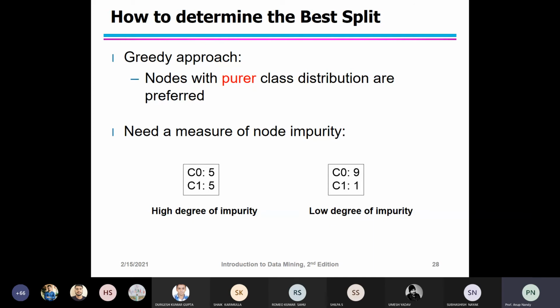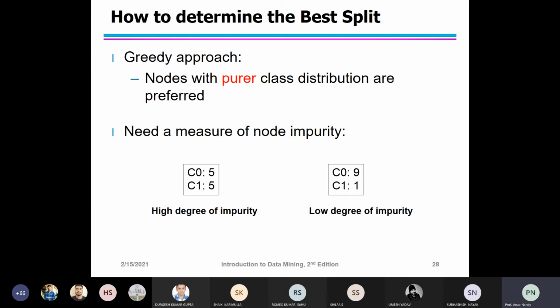The smaller the degree of impurity, the more skewed the class distribution. For example, a node with class distribution 0, 1 has zero impurity, whereas a node with uniform class distribution 0.5, 0.5 has the highest impurity.